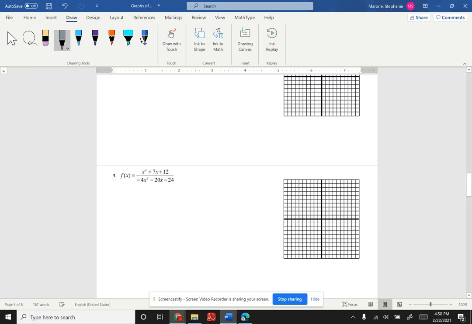Number 3, okay, I don't know if there's a hole or not because we have to factor them. So when we factor number 3, the top factors into x plus 3 times x plus 4. The bottom, I can take out a negative 4 first, and get that. I'm going to write a little bit bigger and in a darker color.